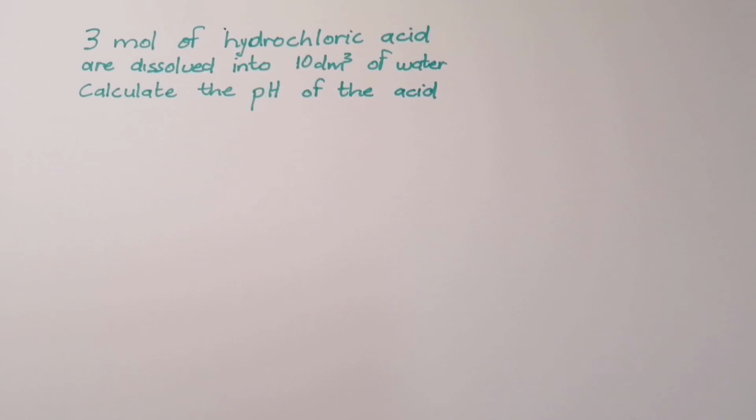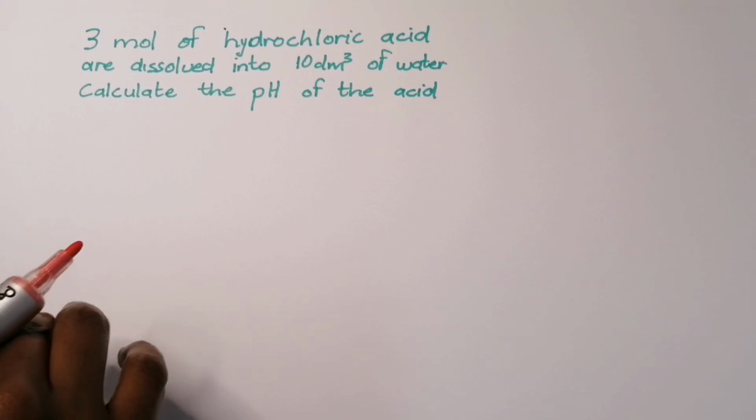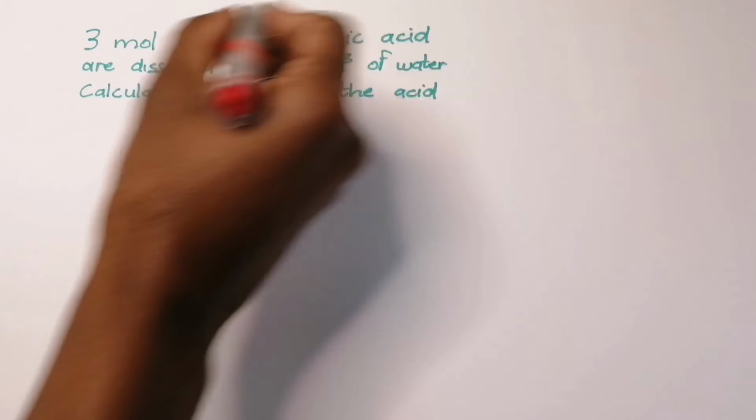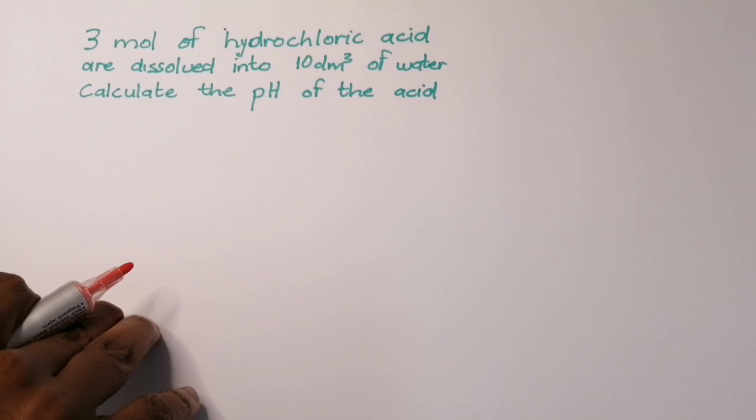So we take 3 moles of hydrochloric acid that are dissolved into 10 cubic decimeters of water. We want to calculate the pH. Now, the first thing that you're going to do, ladies and gents, is I want to know first, how does hydrochloric acid ionize?